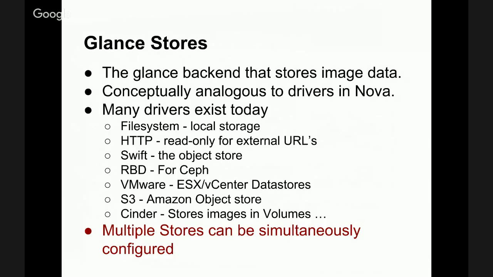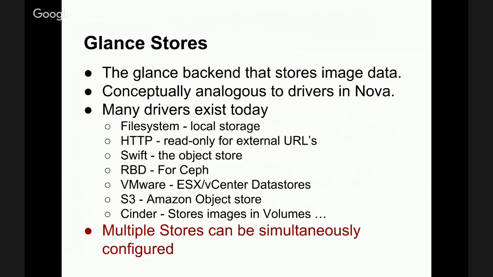Glance API interacts with this library to pass on the image data, and it's the responsibility of the Glance store to store the data onto the specific backends to which it is configured. It's conceptually analogous to the hypervisor drivers in Nova. We have many drivers in Glance store today. We have the file system driver: if you don't have any external storage backend for Glance, you could use the same node on which Glance API is running and use its file system as local storage.